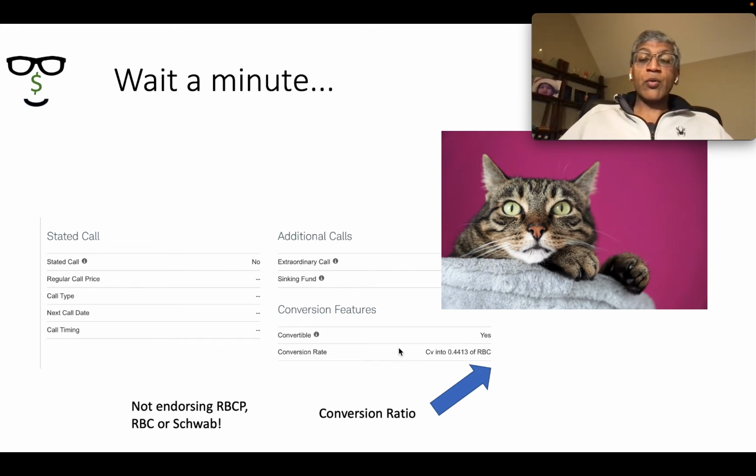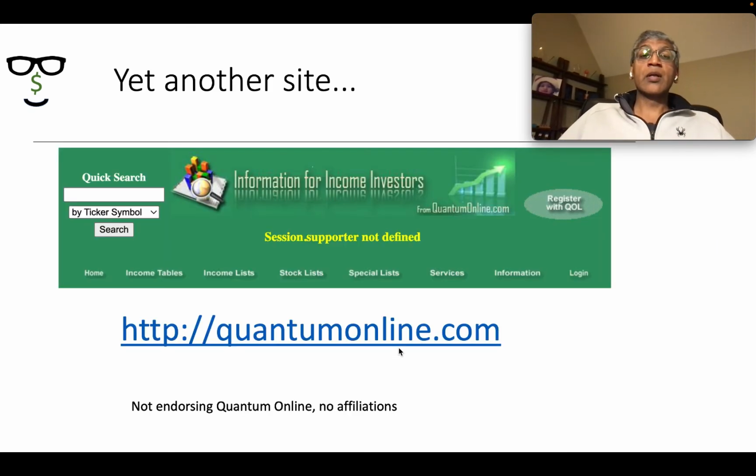On this particular brokerage, you are given one specific number as the conversion from the preferred stock to the equity, and that is incorrect. So on the brokerage, you are seeing incomplete, incorrect information, and you have to ask the question, well, where do I go for the complete information?